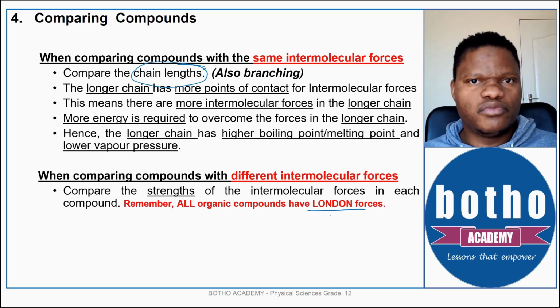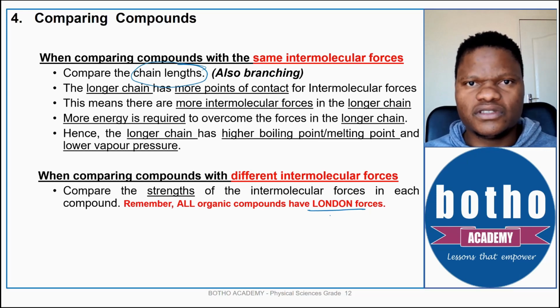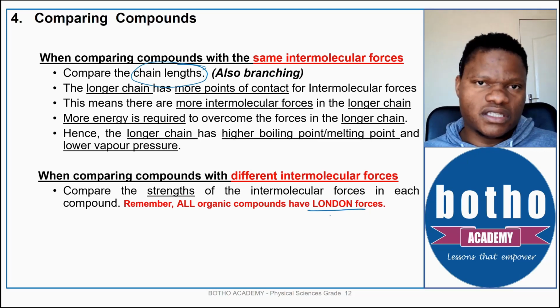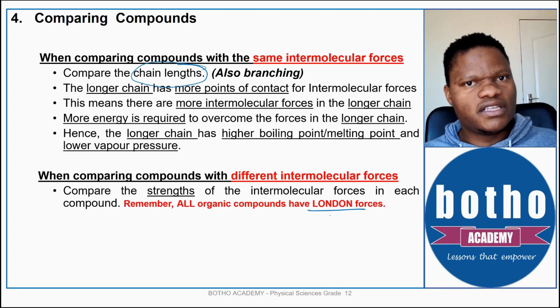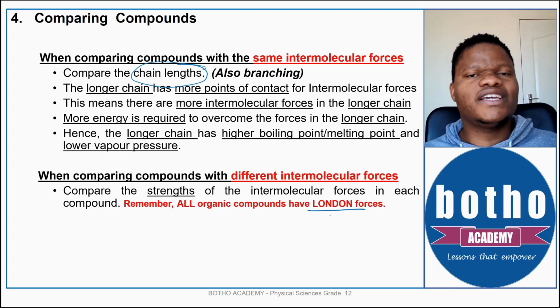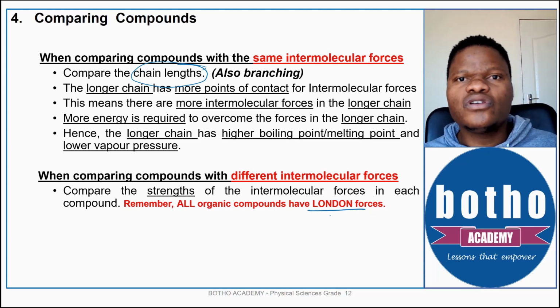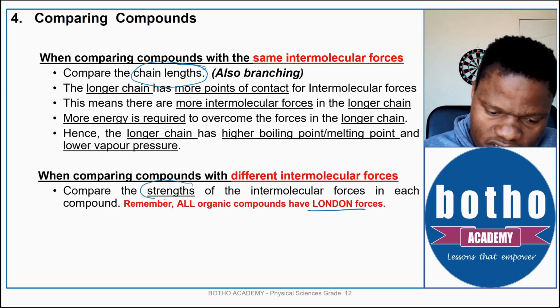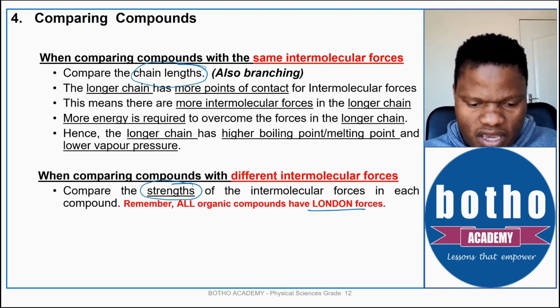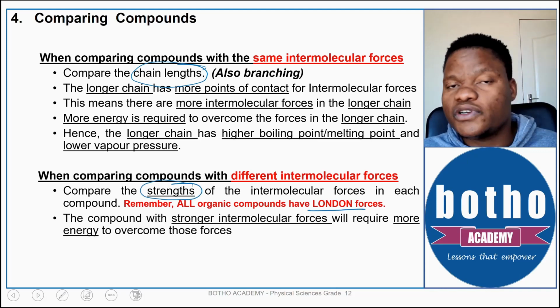Alcohols have hydrogen bonds, alkanes only have London forces. So you'd say that the alcohol has London forces and hydrogen bonds, whereas the alkane only has London forces, and therefore the strength of the intermolecular forces will differ. Those different strengths will lead to a difference in the boiling point and melting point.